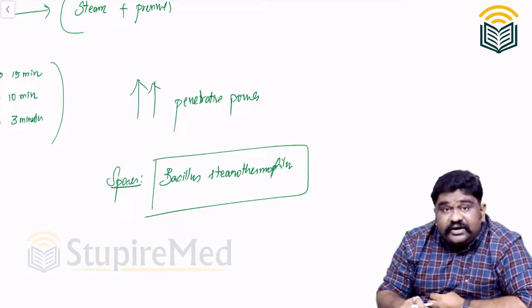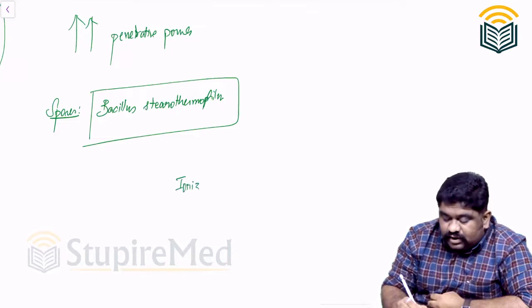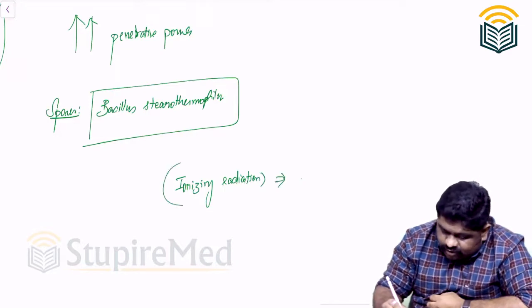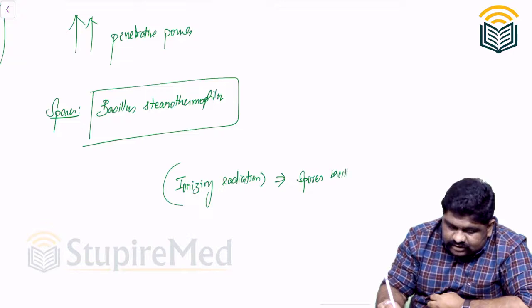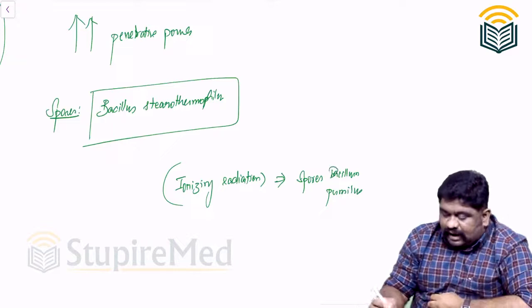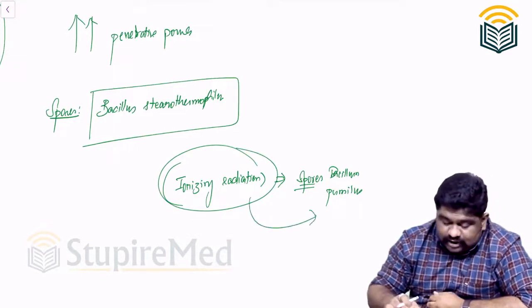In case of ionizing radiation, this was not told to you, just remember, the control will be the spores of Bacillus pumilus, or even the bacteria themselves, not even spores. For ionizing radiations, you can go for Bacillus pumilus.